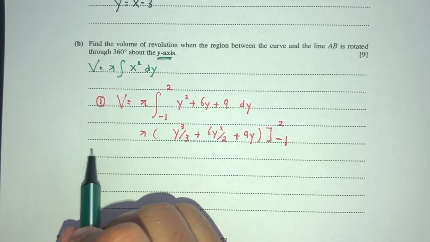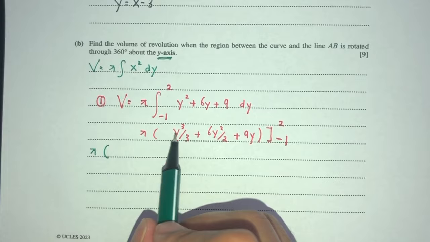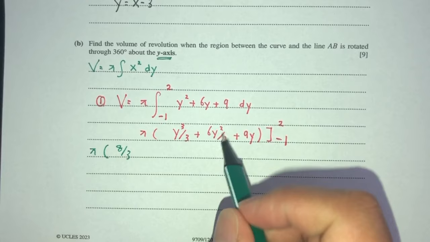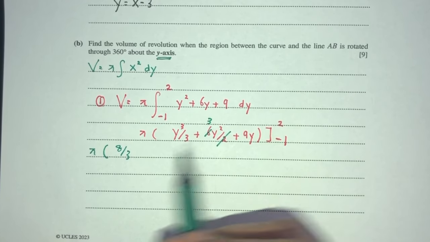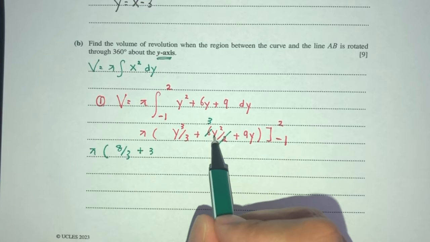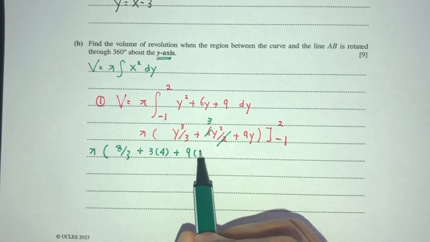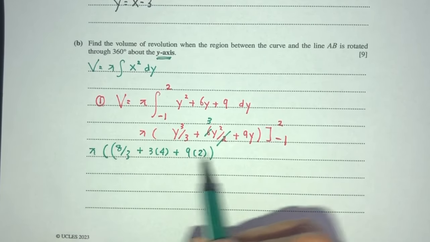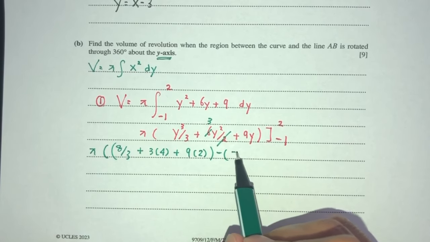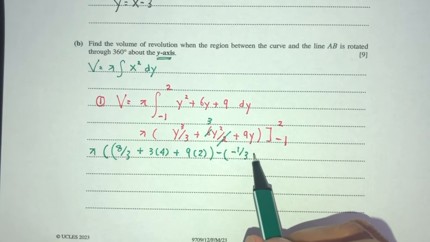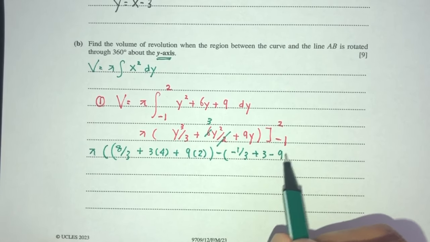Now I can just simplify and replace. That should be pi times 8 over 3, plus 3 times 4, plus 9 times 2. Then minus, the rest will be minus 1 over 3 plus 3 minus 9.